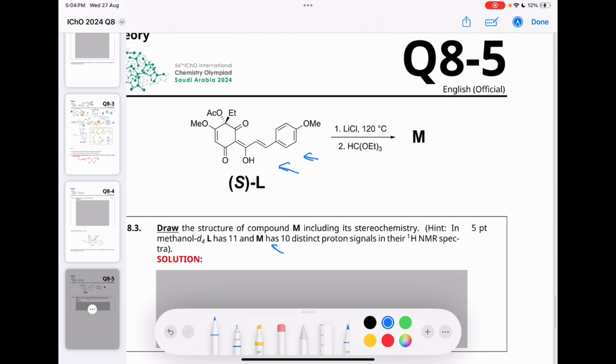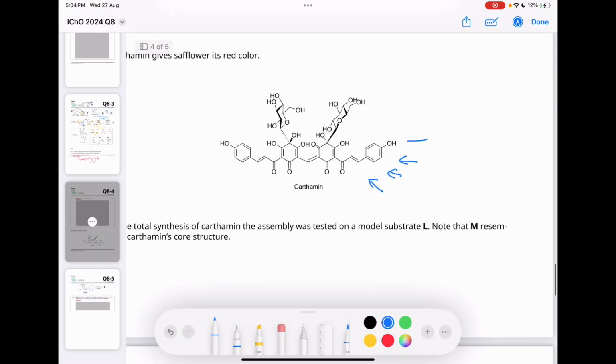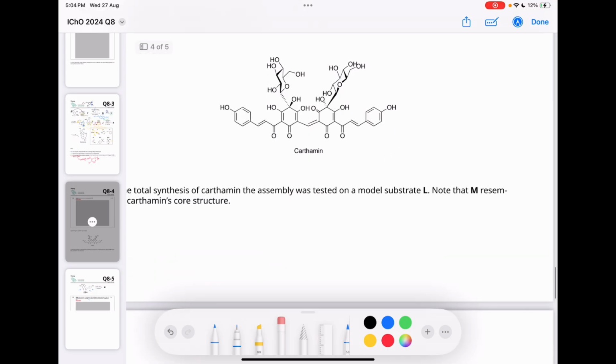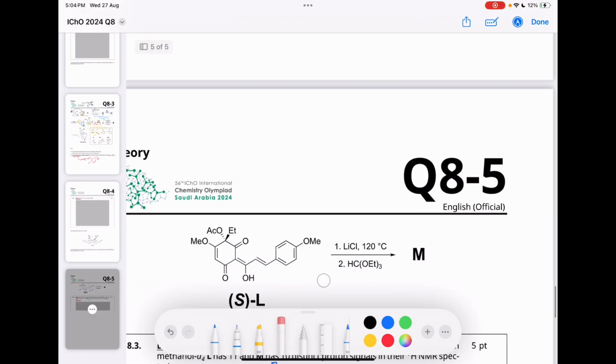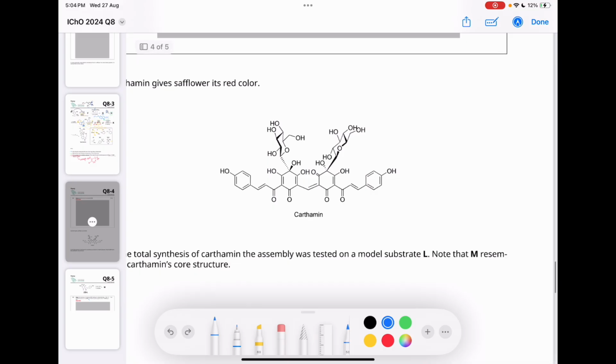Okay, now the second thing we can do is to compare the structure of L, which is this, against the structure of this molecule, because M will resemble both. So let's first talk about the linkage here. Linkage is here, and the question purposely showed the stereochemistry of this carbon. That resembles both this and this. And upon closer inspection, you will find that this molecule is actually symmetrical as well.